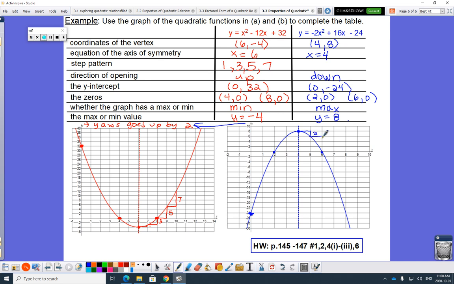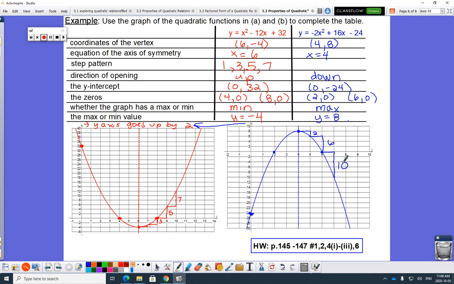Over 1, down 3 blocks, but 3 times 2 is 6, yes? Over 1, down 5 blocks, which is actually 10. So now it's 2, 6, 10. If you compare it to this, what have I done? Doubled it.